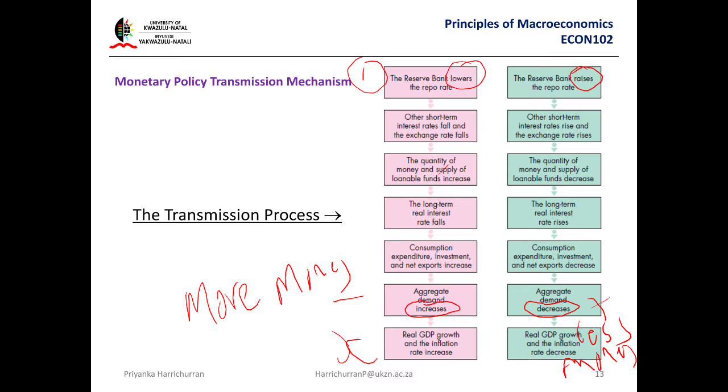Now, one last one, the exchange rate. If the repo rate lowers, this means the exchange rate gets lowered. If the exchange rate gets lowered, the rand goes down, it depreciates. Exchange rate going down is bad. The rand goes down. So in South Africa, the price of oil is 2 rand.